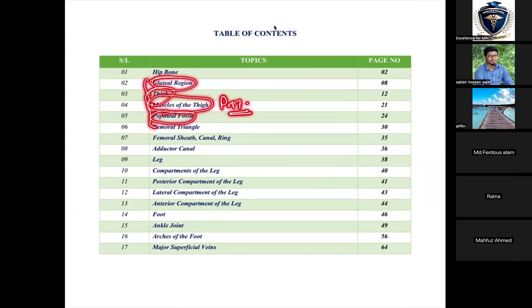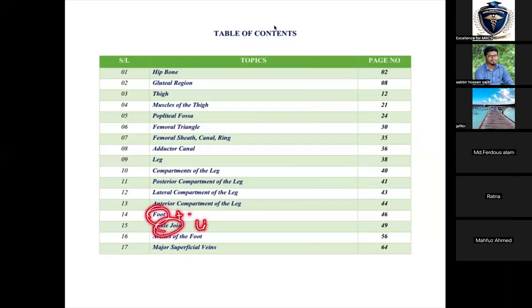These are very famous for the MRCS OSCE exam. And another thing is the foot and the ankle joint, mostly the ligaments. This is another favorite topic for the MRCS OSCE exam. So we'll have to give extra emphasis particularly on these topics.